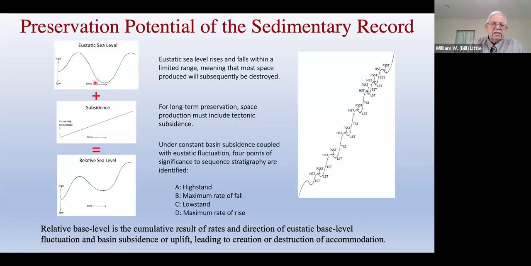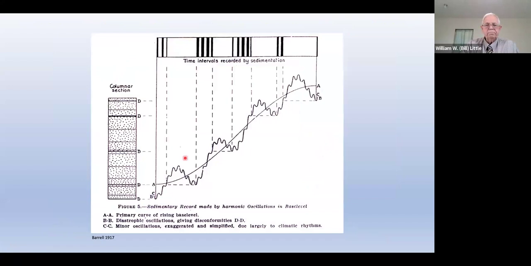The eustatic sea level cycle rises and falls, but without some sort of subsidence, something to prevent some of that space from being removed, we would not have a stratigraphic record. Then we get cycles within cycles within cycles, and that's what we see when we look at a core, a log, or an outcrop.